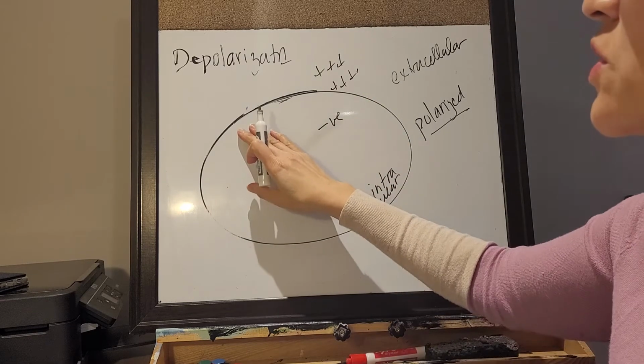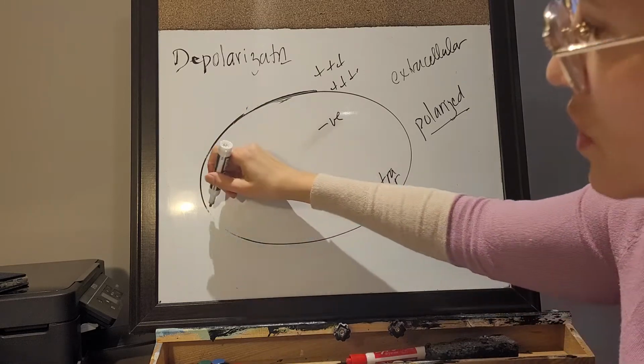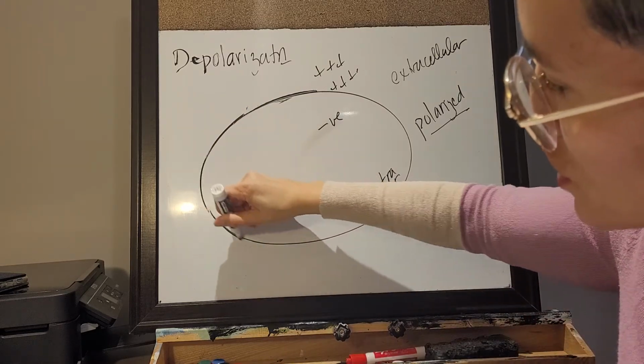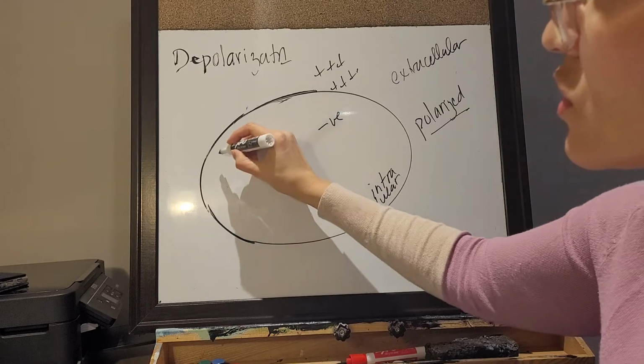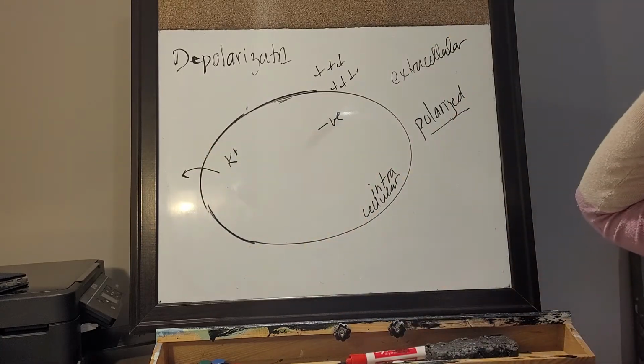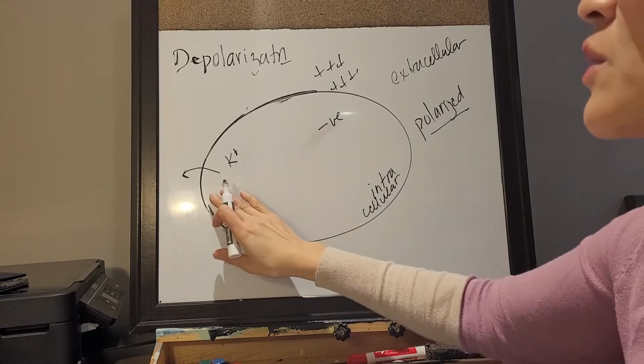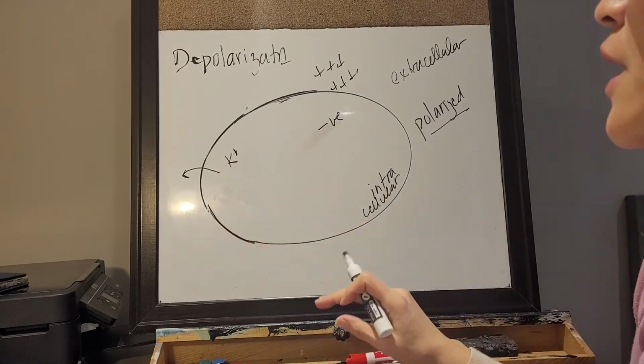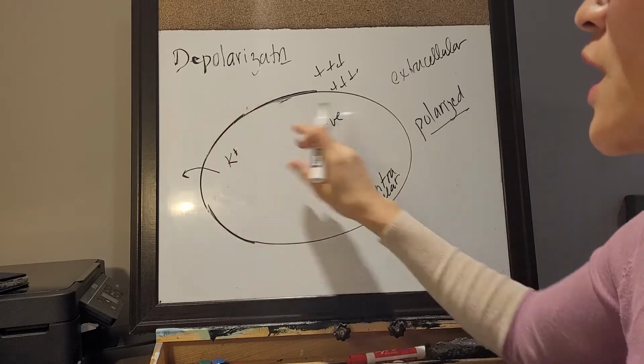So a stimulus comes along, and the membranes are selective, but they're a little bit leaky. You can get a potassium leaking out just by diffusion, if the membrane is permeable to it. So simple diffusion can happen across the cell membrane.